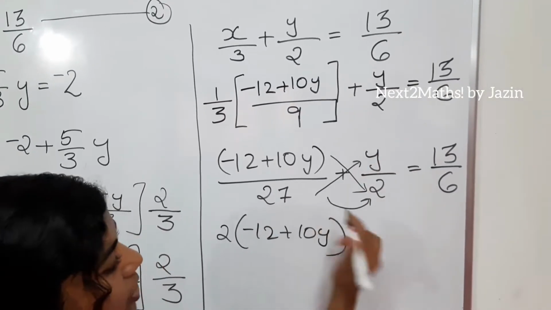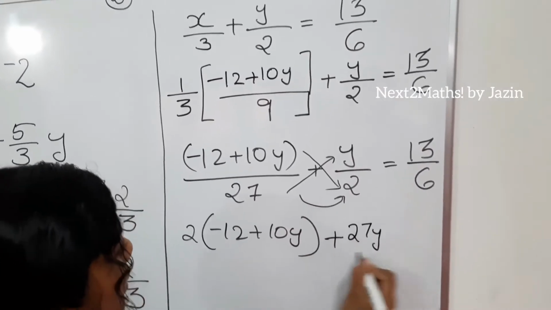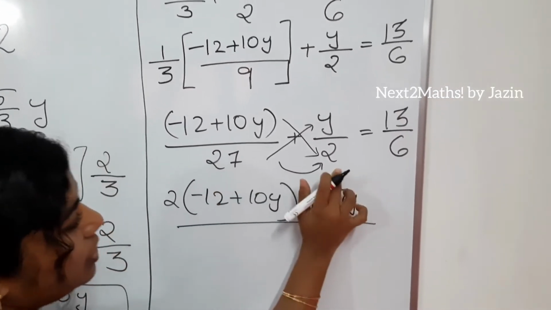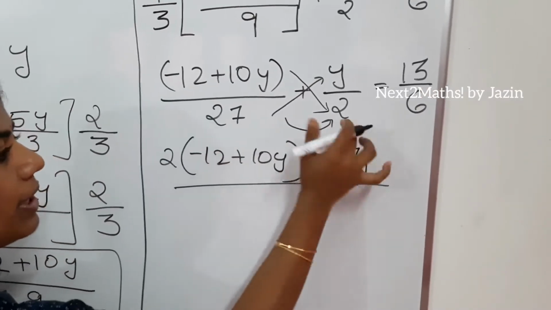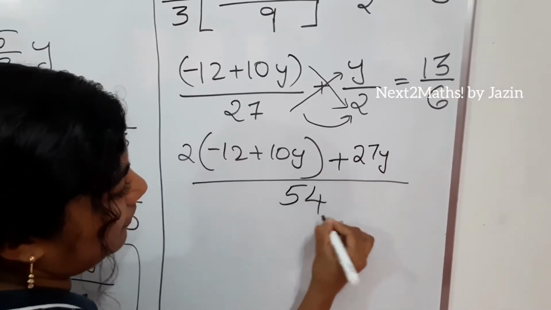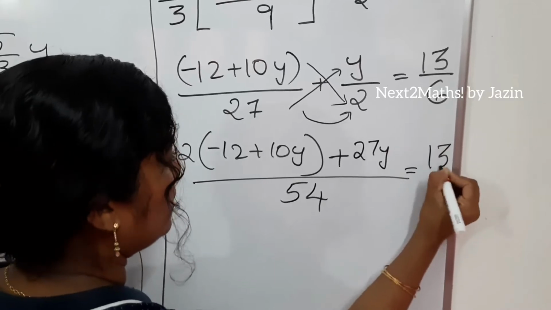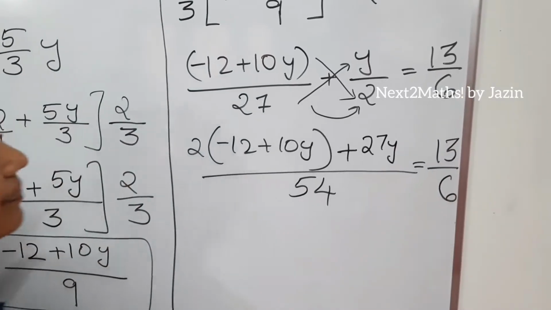Here the variable is y, 27y, divided by 27 into 2. Both the denominators multiplied, it will be 54, equal to 13 by 6.